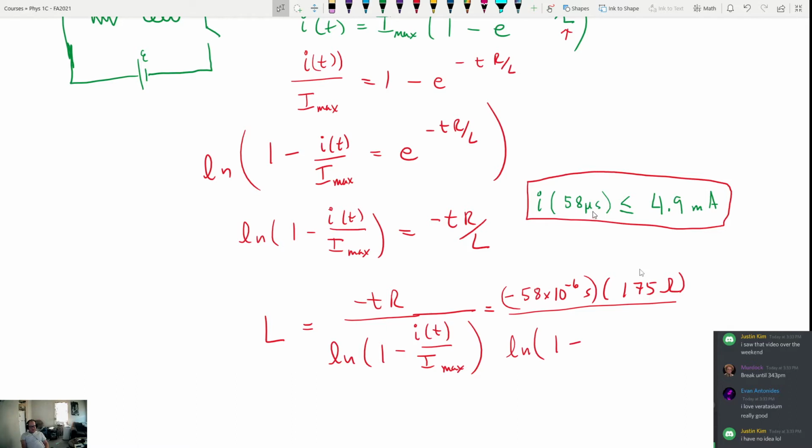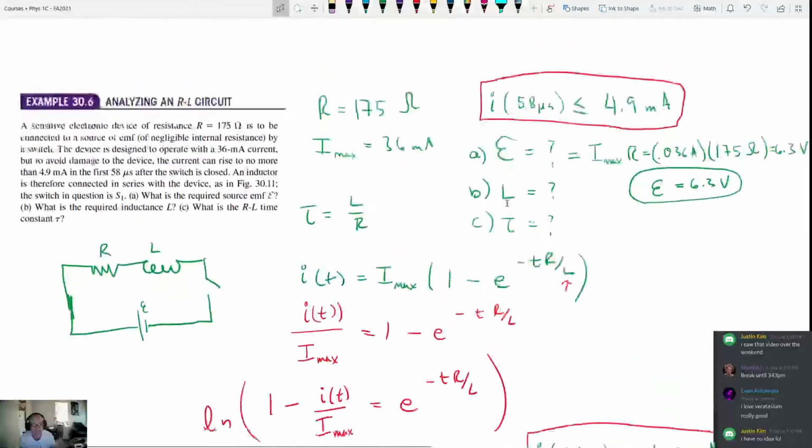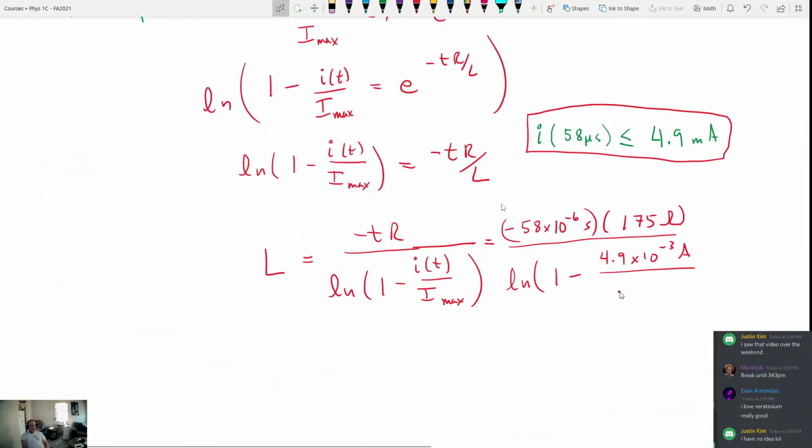So I at 58 microseconds is 4.9 milliamps. That's the maximum that we can let it be. So in the numerator, we'll have 4.9 times 10 to the minus 3 amps. And then we divide by I max, which was 36 milliamps, so we'll have 0.036 amp. So there we go, and this should be our inductance. It does have the units of ohms times seconds, which is nice. Does anyone have any questions?